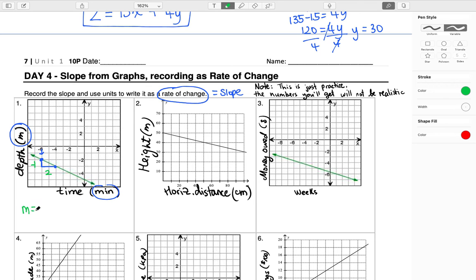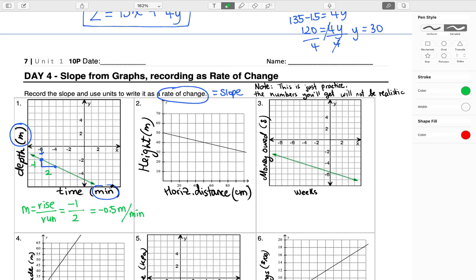The slope is rise over run. In this case, rise means we went down 1, and run is we went right 2 steps, so -1/2. What's the unit in this case? You can write it as -0.5 meters per minute. It's always y over x for the unit.